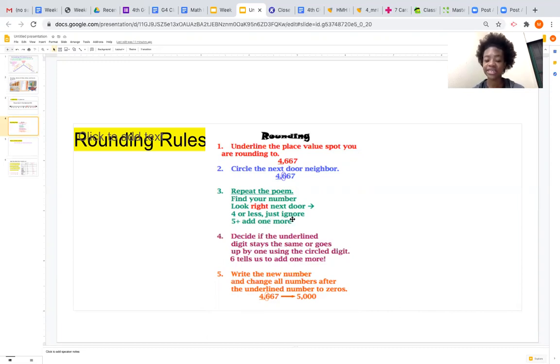The digit in the place value will not change. If the digit that is circled is greater than 5, then we are going to add 1 to the digit in the place value. So I know that there's a lot of digits happening and numbers happening and this and that, but let's actually look at an example. This will make more sense.